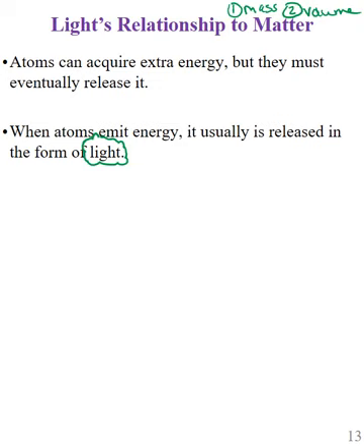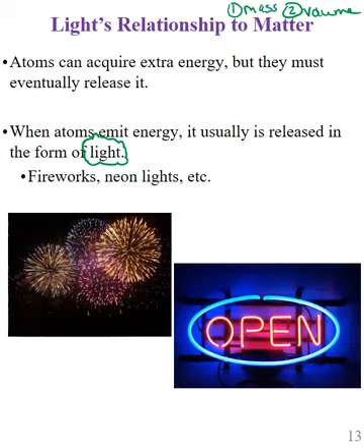When atoms gain energy, they eventually will emit it because they don't like to have a lot of energy. They like to go to a ground state, and they emit that extra energy in the form of light. A lot of times we will see light being re-emitted in fireworks, okay, or neon lights.